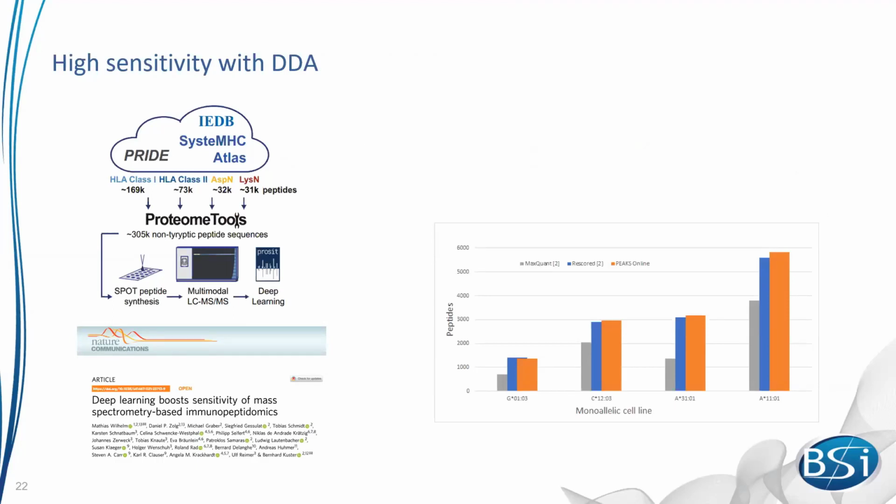Here I show that if we just use MaxQuant to analyze the data, the orange one is from the publication and the blue one is from the online result. With a similar observation, deep learning does help peptide identification.